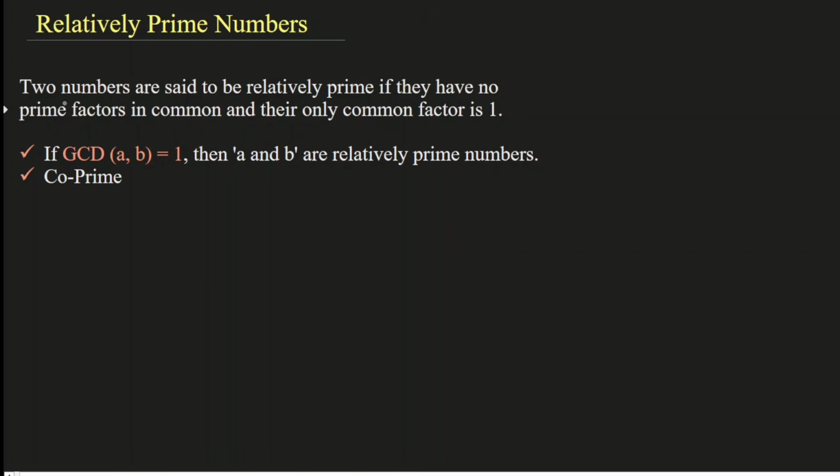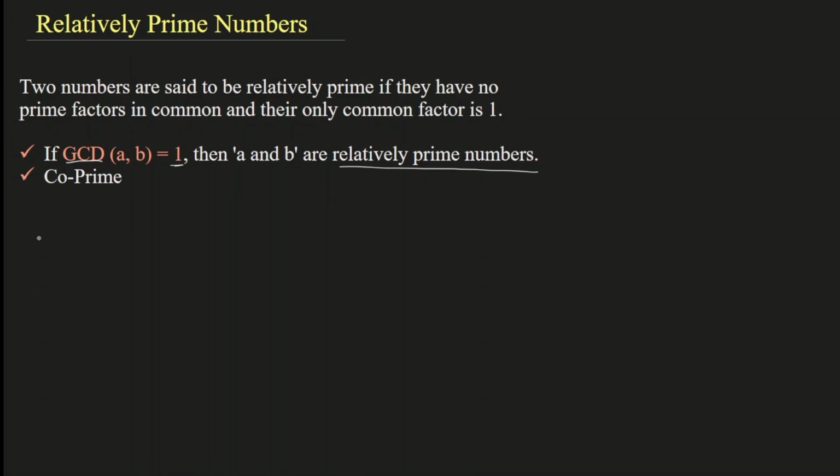If those two numbers have their common factor as 1, then you can say those two numbers are relatively prime numbers. Relatively prime numbers are also called co-primes. You can say two numbers A and B are relatively prime, or you can say A and B are co-primes. Both are the same.